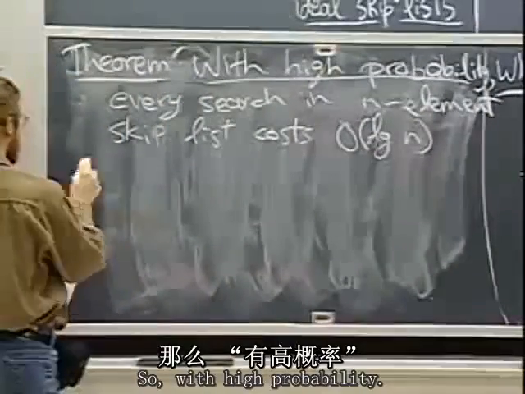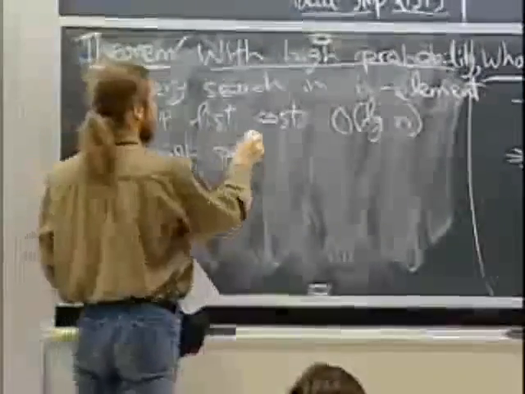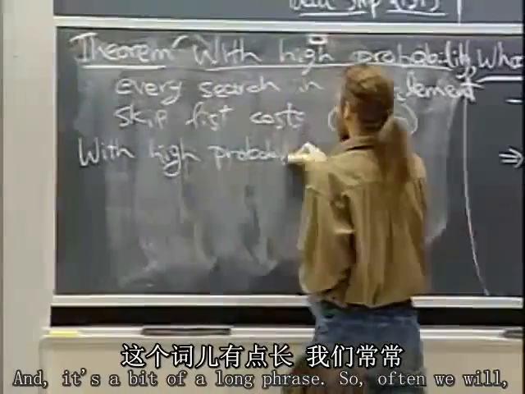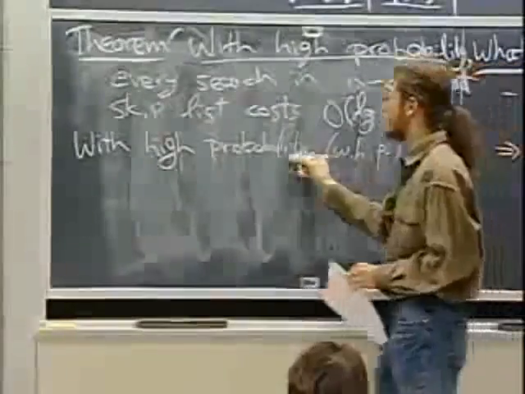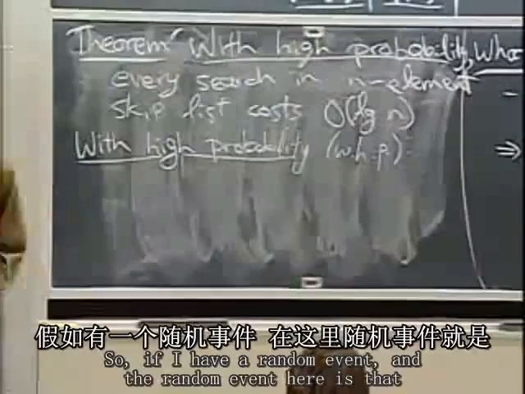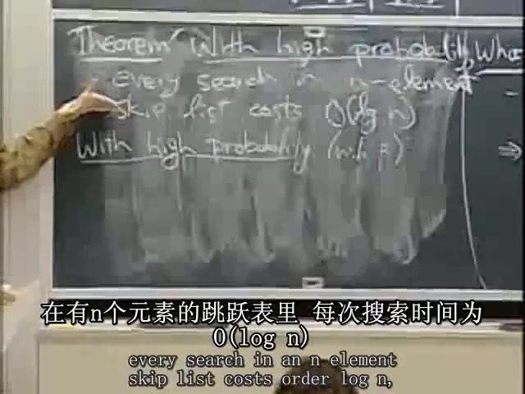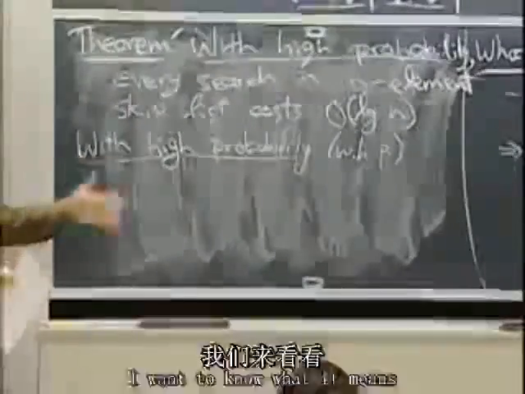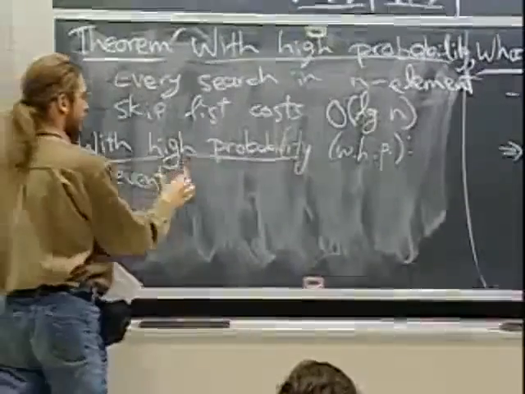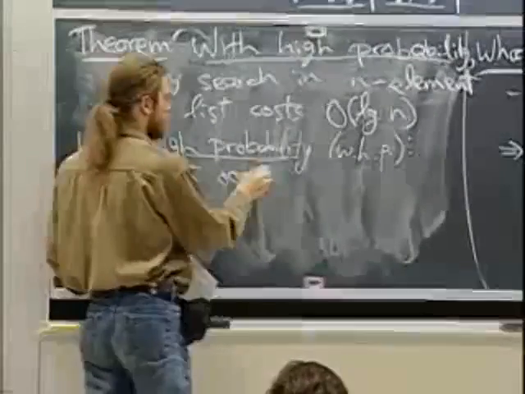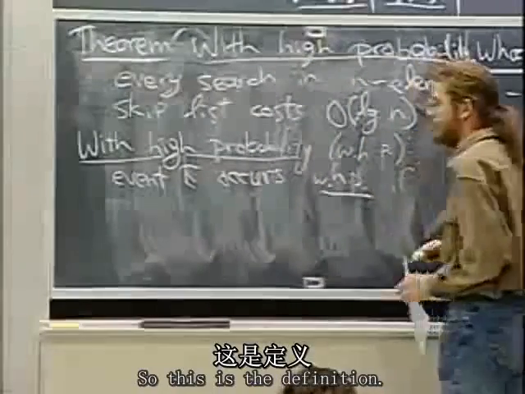Now I need to define with high probability. It's a bit of a long phrase, so you can abbreviate it WHP. If I have a random event, and the random event here is that every search in an n-element skip list costs order log n, I want to know what it means for that event to occur with high probability. So this is the definition.